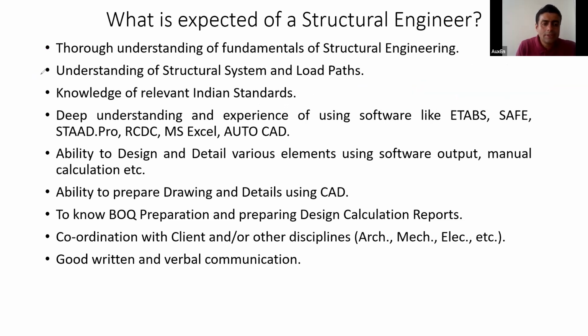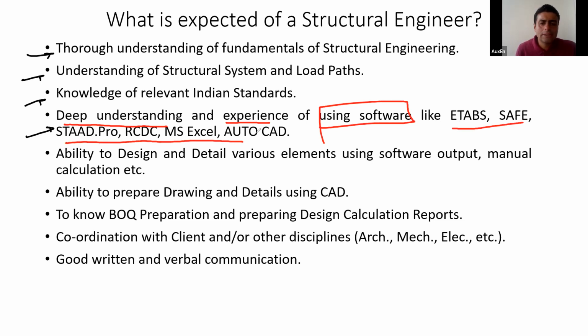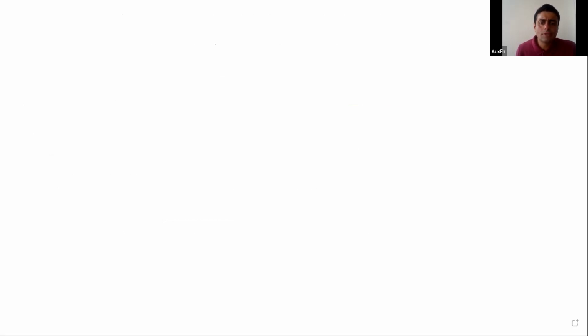Now, in addition to this, you should have a deep understanding and practical working experience of using software. Software like ETABS, SAFE, or STAAD, these are some of the basic software that as an engineer you should know. I have generally seen 3 types of engineers.